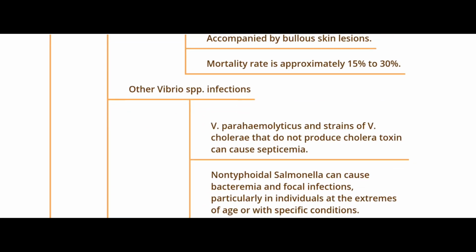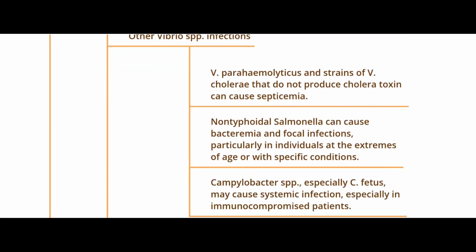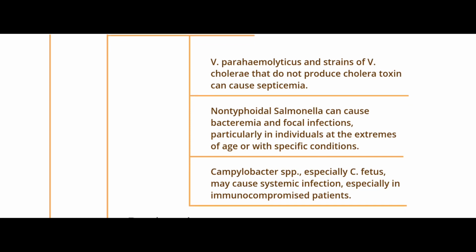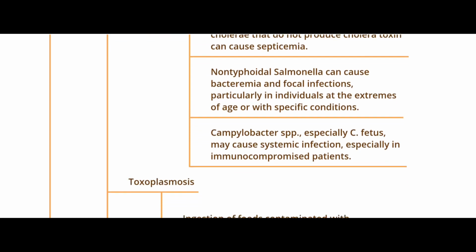Other Vibrio species like Vibrio cholerae and parahaemolyticus that do not produce cholera toxin can cause septicemia. NTS can cause bacteremia and focal infections, especially in individuals with extremes of age and specific conditions like hematological conditions. Campylobacter species, especially Campylobacter fetus, can cause systemic illnesses in immunocompromised patients.